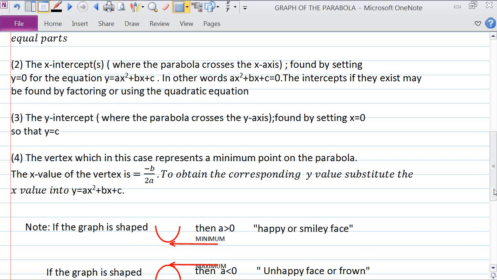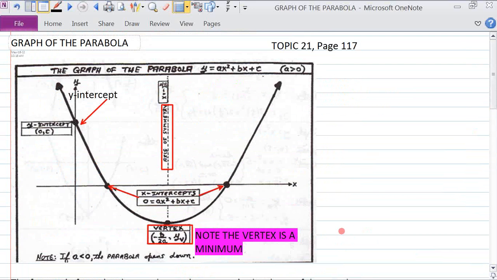So, going over this again, we can see here that the characteristics we're concerned with are the axis of symmetry, right here, the x-intercepts, the y-intercept, and this point right down here in this particular graph, which is a minimum.